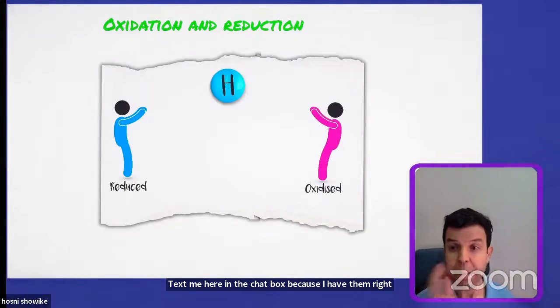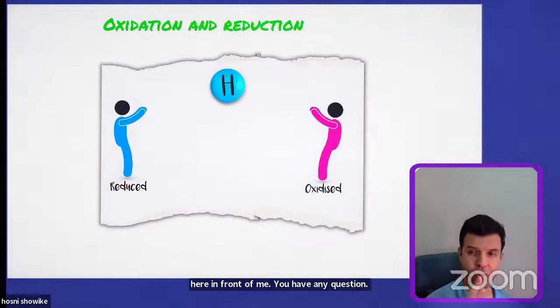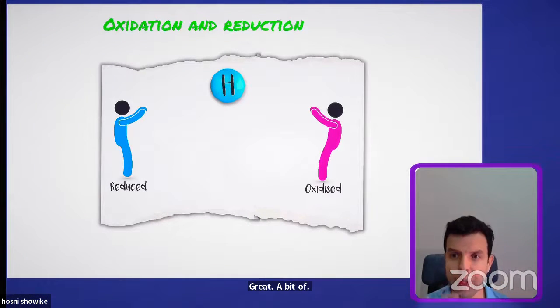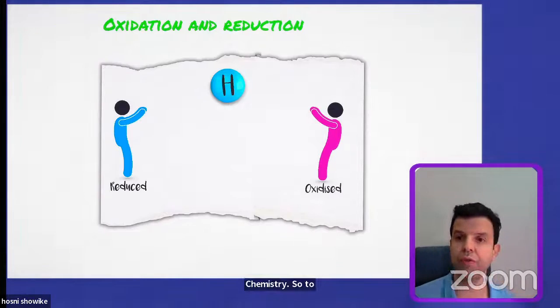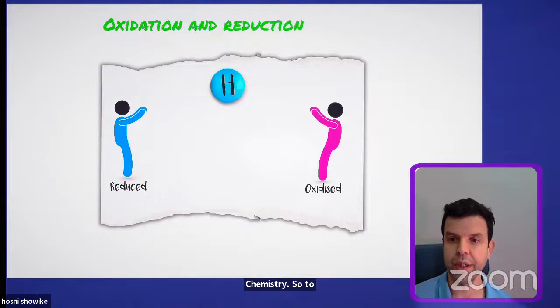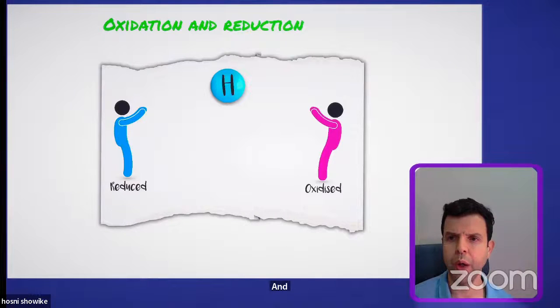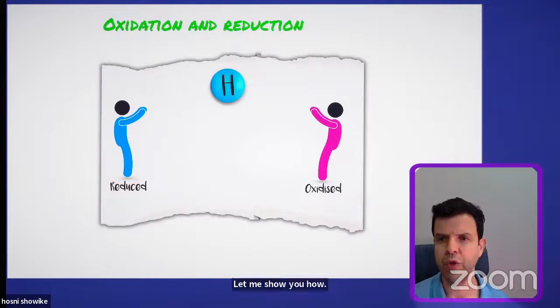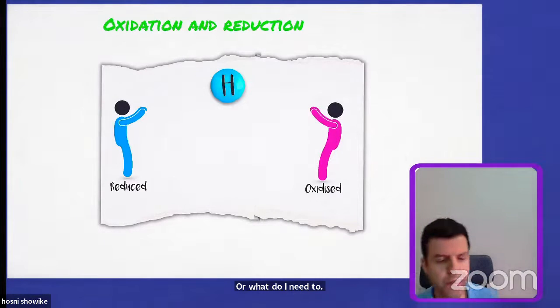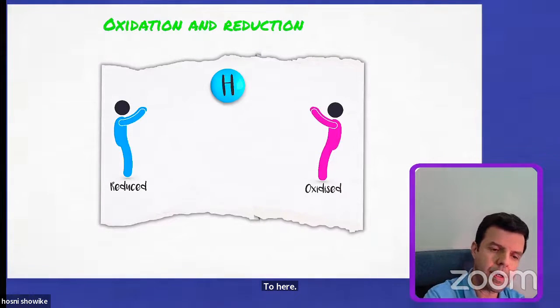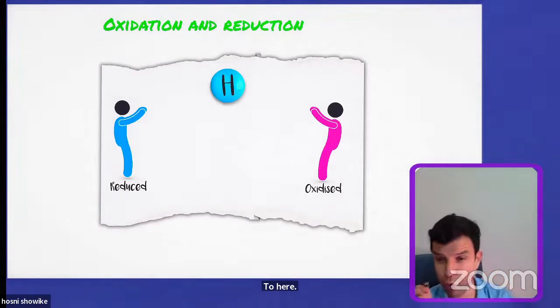Right. A bit of chemistry. So to understand today's lesson, you must have good knowledge of chemistry. And let me show you what I need to do here. So in chemistry, we have two types of chemical reaction.